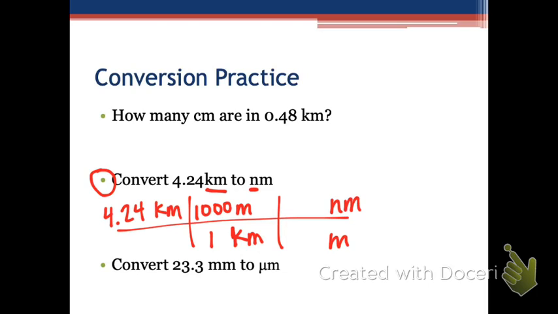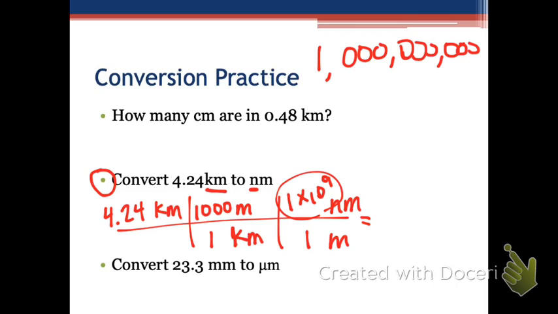And then I'd say 1 meter is 1 times 10 to the 9th nanometers. Do you know what this means, 1 times 10 to the 9th? We're good with scientific notation? Yeah, it's got a lot of zeros, right? 1, 2, 3, 4, 5, 6, 7, 8, 9, right? What is that, a trillion? A million, oh, that's a billion.